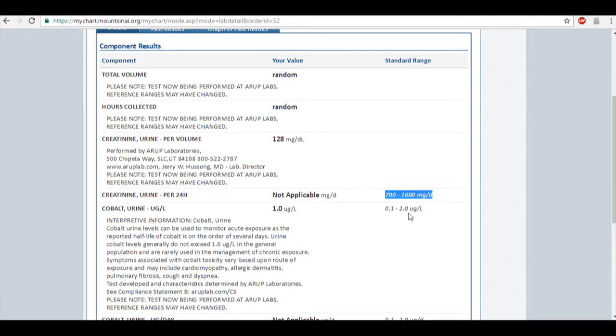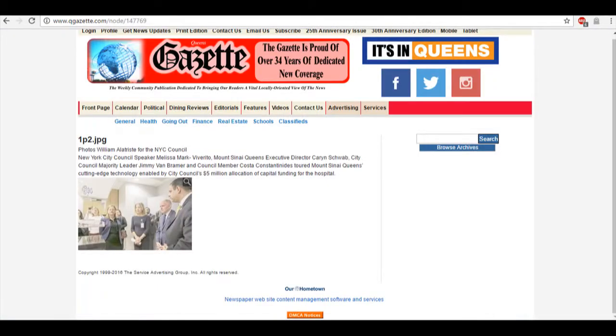But if you go over this range, that means there is a really severe infection going on, or these chemicals are in your body. Therefore, so as not to let you know that you actually do have mercury poisoning and lead and all that, they just say not applicable. They don't put the test results.